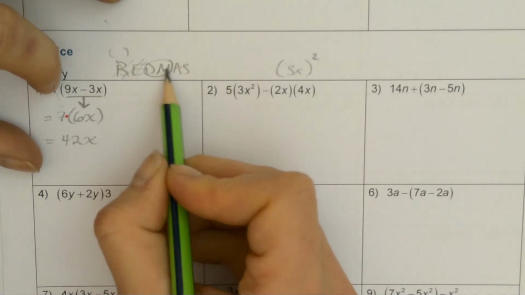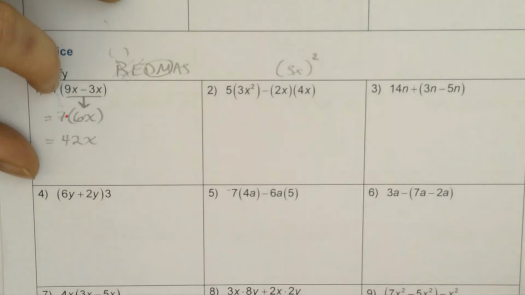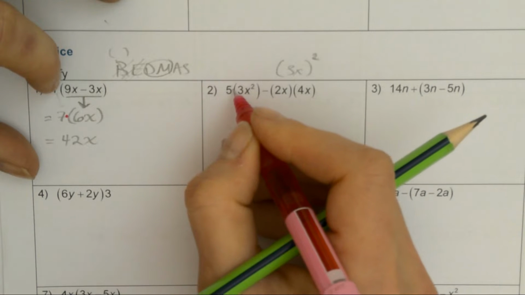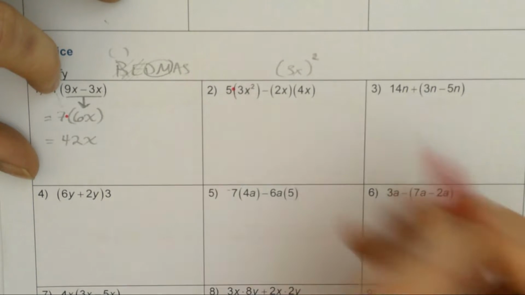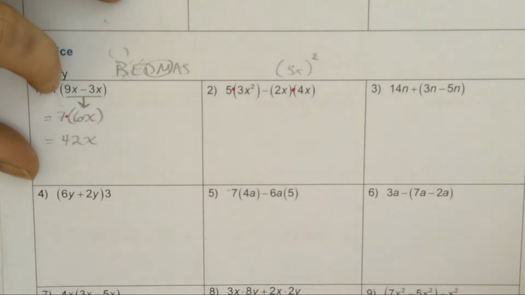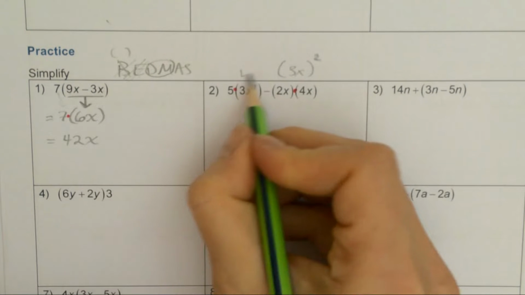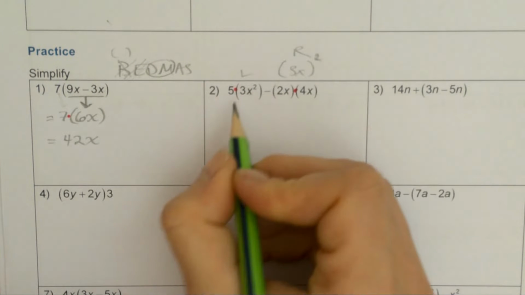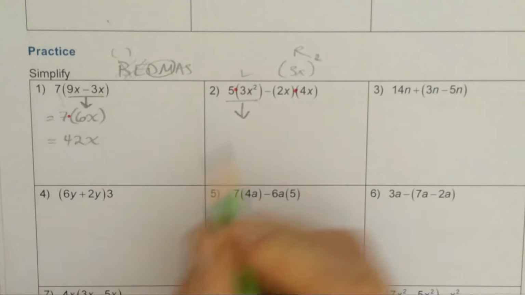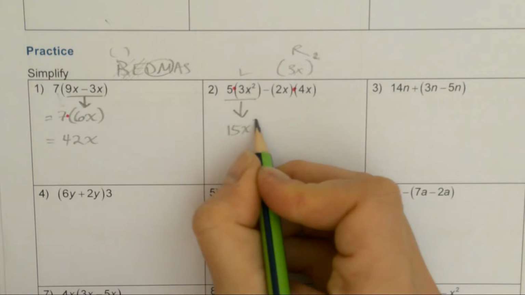Do I have divide and multiply? I don't see any. But remember, when I have a number touching a bracket, that's multiply. And when I have brackets touching brackets, that's multiply. So usually, I would do the left one first. This is left and this is right. So I would do this one first. 5 times 3 is 15x squared.